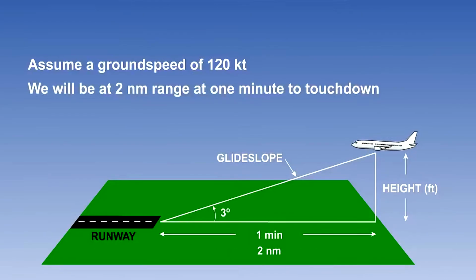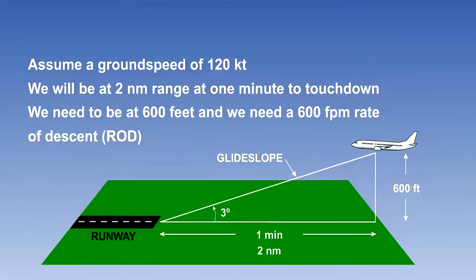So with a 3-degree glide slope, what height do we need to be? 600 feet. Therefore, with 1 minute to go to touchdown, we need a rate of descent of 600 feet per minute.